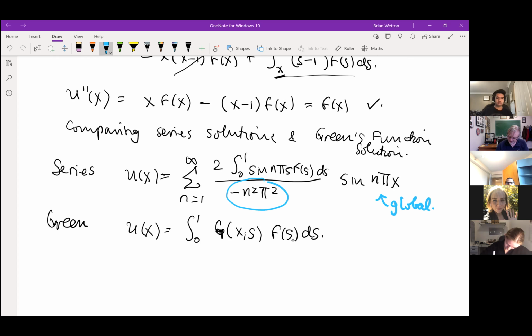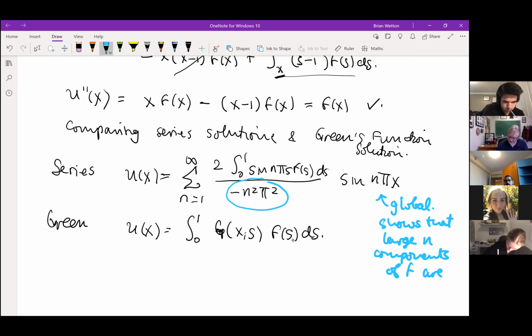Clearly, this shows that large n components of F are highly damped. If n is 10, like you're dividing by 900, right?